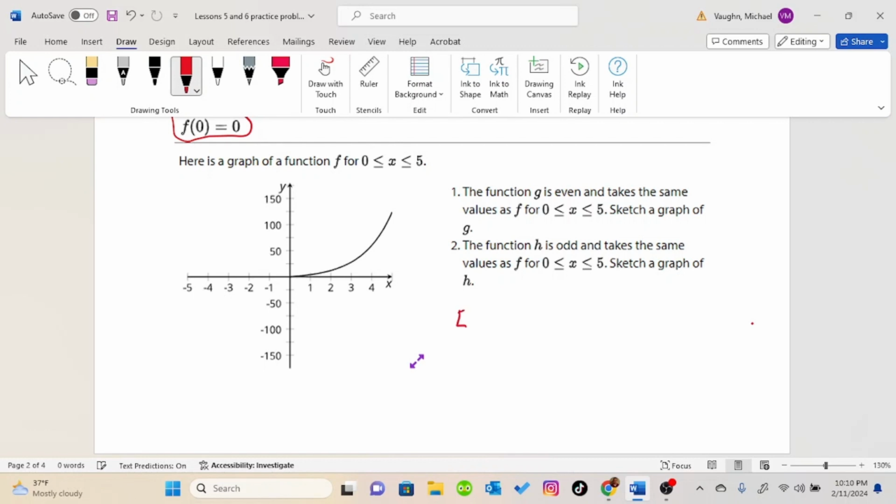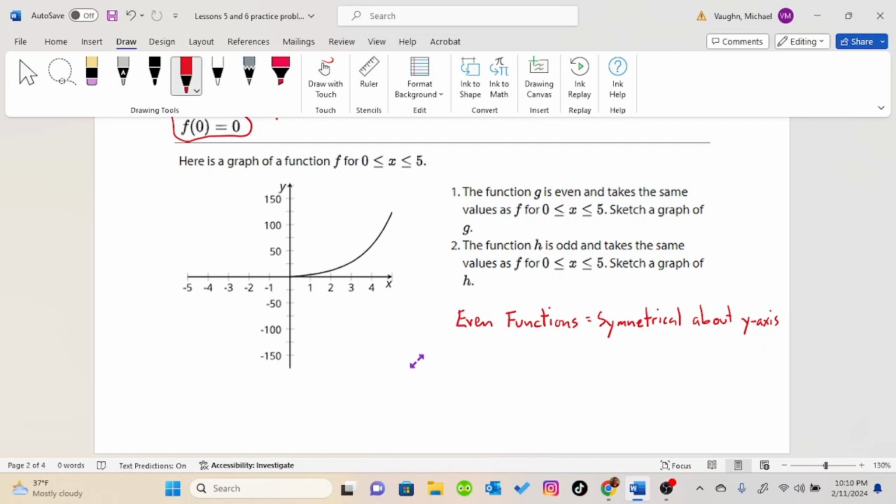Remember, even functions are symmetrical about the y-axis.